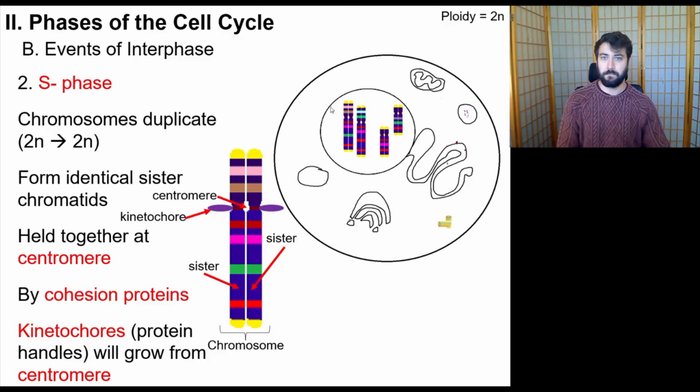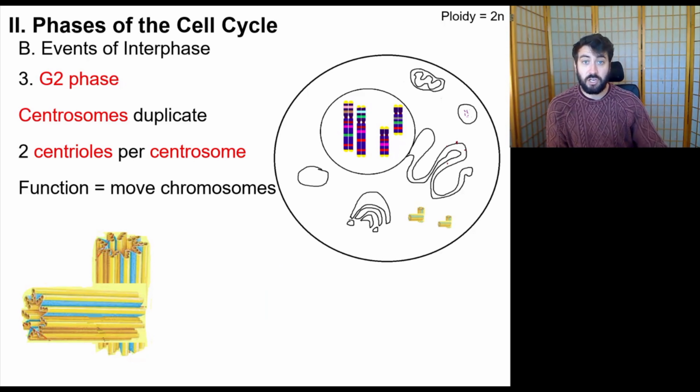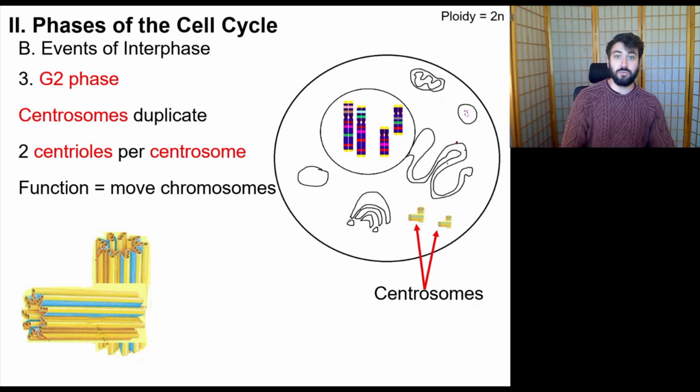Okay. Now, finally, in G2, that centrosome we had in G1 duplicates, so we end up with more of them. In each centrosome, we actually find 2 centrioles, which are these subcomponents here. Eventually, these are used to actually move the chromosomes around.